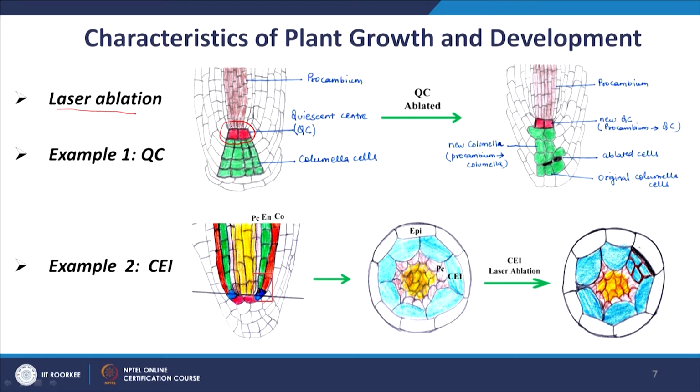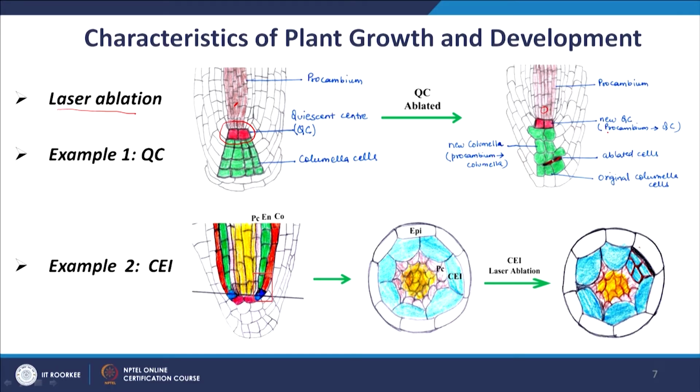And what happens if you laser ablate this QC? If you look here, this is procambium cells. What happens if you kill this QC through laser ablation? Some cells of the procambium come to the place of the QC and then make a new QC. What does it mean?